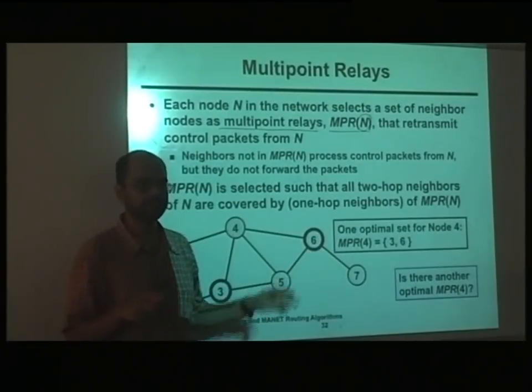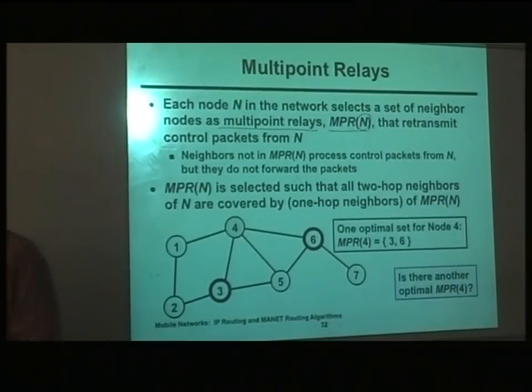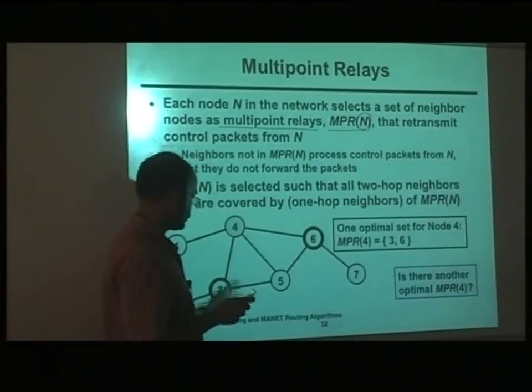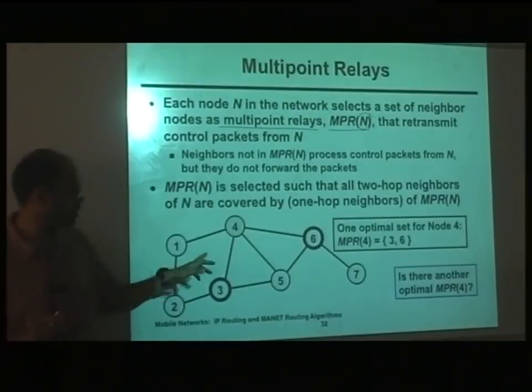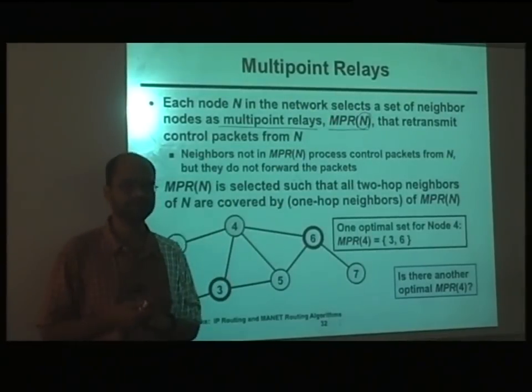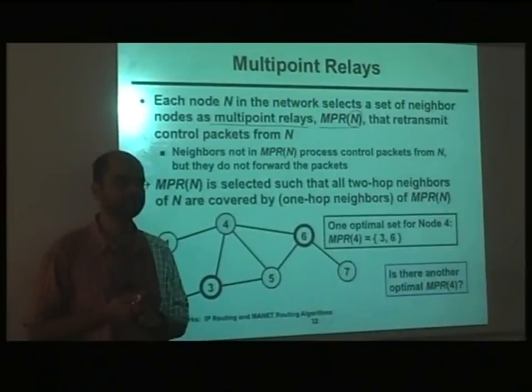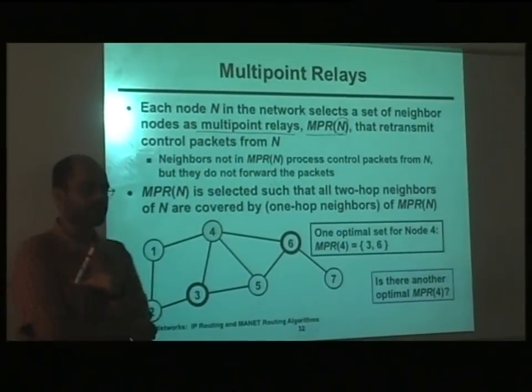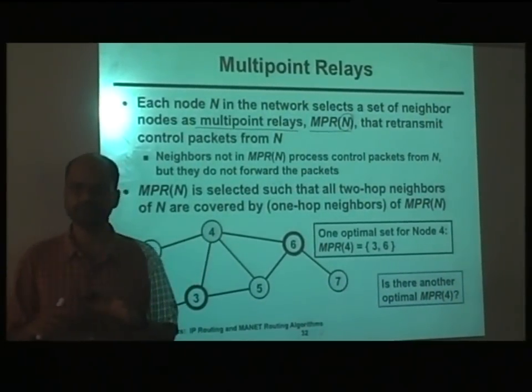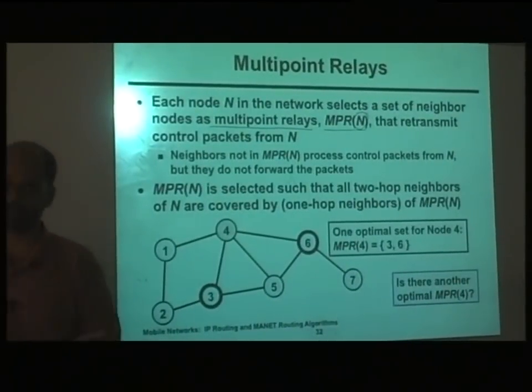So, what does that mean? MPR of 4 is 3 and 6. What does that mean for 4, 3 and 6? About 4. So whatever 4 is connected to, 3 and 6 can send this information.